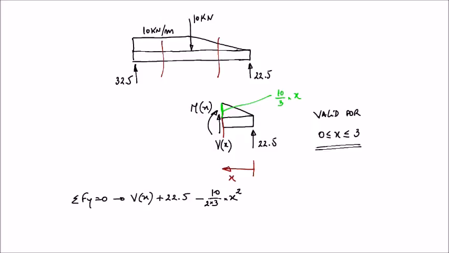Okay, so that's all we have for the summation of forces in the y direction. So this needs to be equal to 0. So from this equation we get the transverse shear force Vx is going to be equal to 10 over 6 x squared minus 22.5.